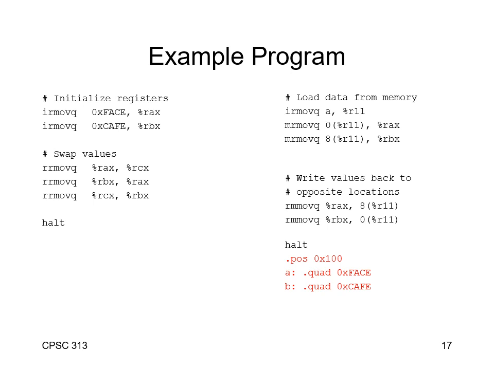Similarly, I'm going to call the next location B. It's also a quad word, and it's going to contain the value cafe. So this is how we declare data in our programs. And our goal is that after we execute this program, the memory location A contains cafe and B contains face.